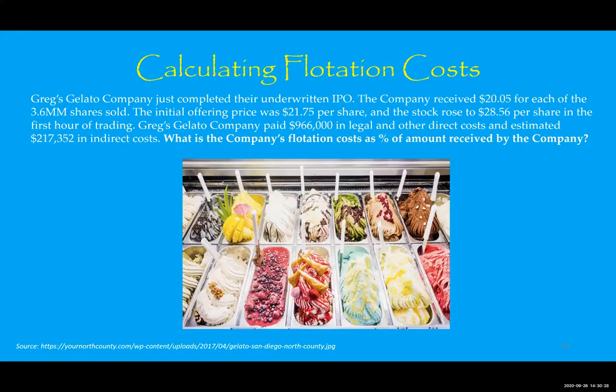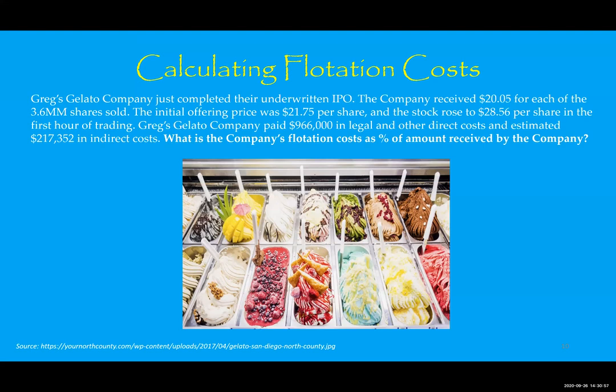Okay, let's look at a different example. Greg's Gelato Company just completed their underwritten IPO. The company received $20.05 for each of the 3.6 million shares sold. The initial offering price was $21.75 per share, and the stock rose to $28.56 per share in the first hour of trading.